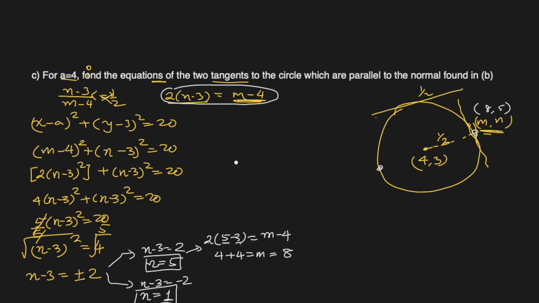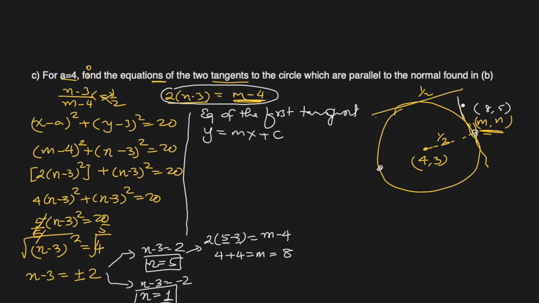Alright, so we'll find the equation first. Let's find the equation of this one. Equation of the first tangent will be y equal to mx plus c, right? That is the format we have. We know the gradient of this tangent is -2 because it is parallel to the normal of the previous part.